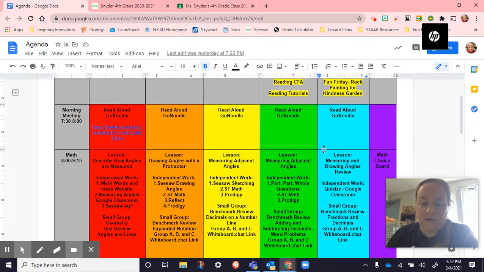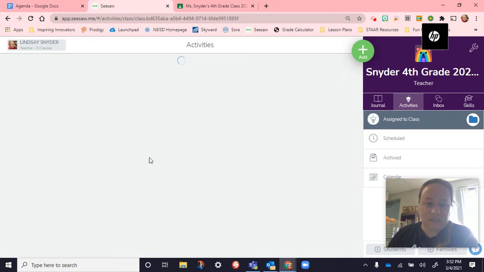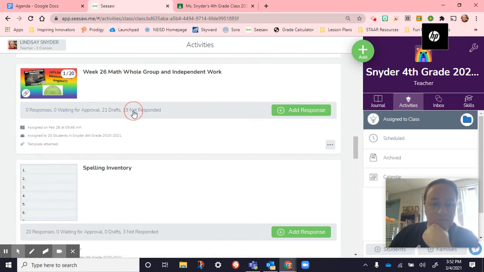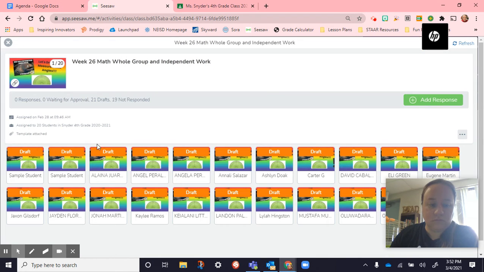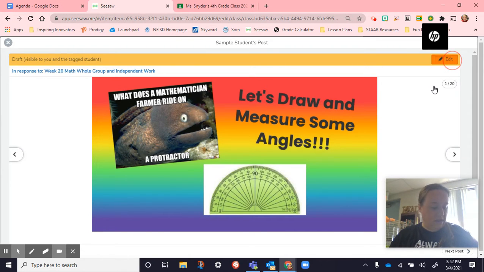So we started off in math measuring adjacent angles. So if you go to your activities, go down to math. Open up your graph.